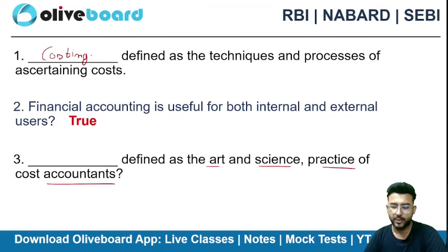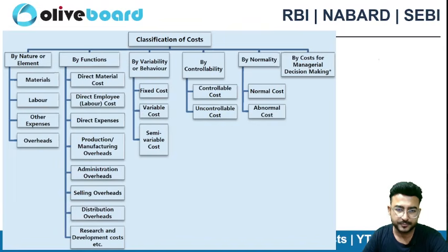Ascertaining means calculation, right? When we are calculating cost, we say we are ascertaining it. So 5 + 4 is equal to 9, that means we are ascertaining, calculating. Guys, here the correct answer is cost accountancy. Accountancy is the art, it is the science, and it is what the cost accountants do. So this is cost accountancy.